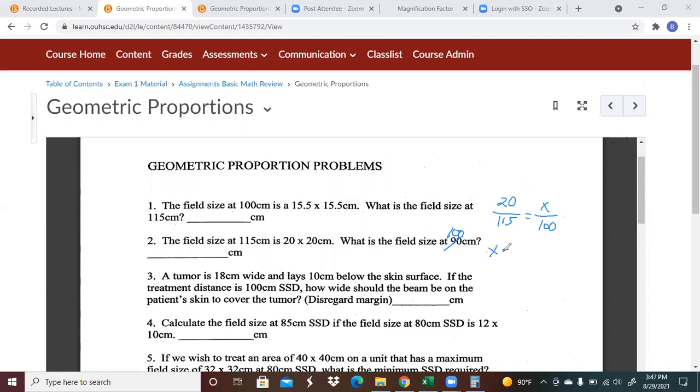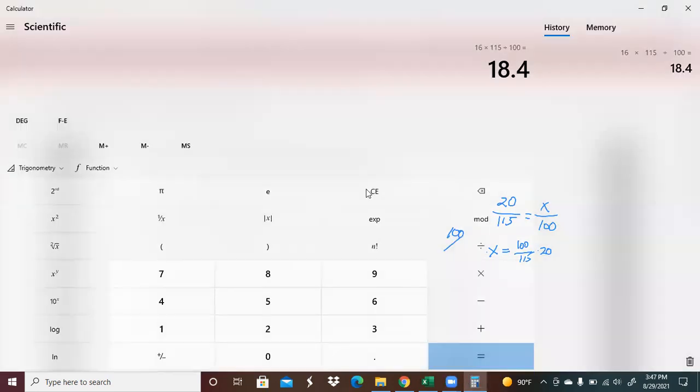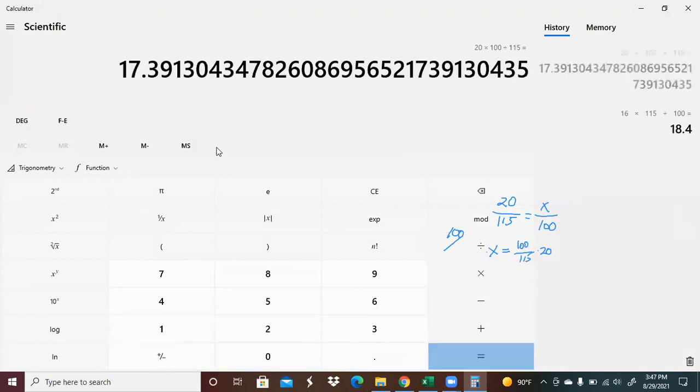So if I take x is equal to 100 divided by 115 times 20, it should end up being a little bit shorter, which would make sense. So let's find out. 20 times 100 divided by 115, so 17.4.